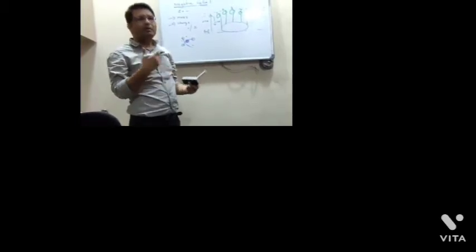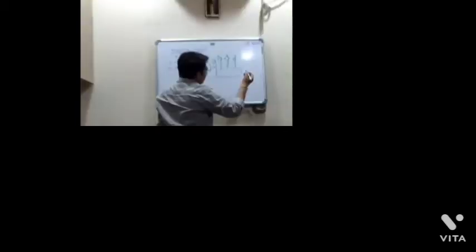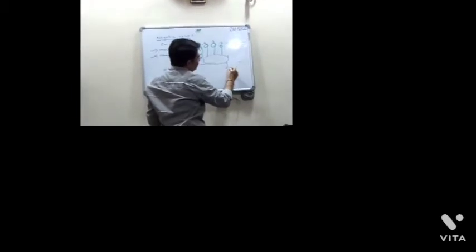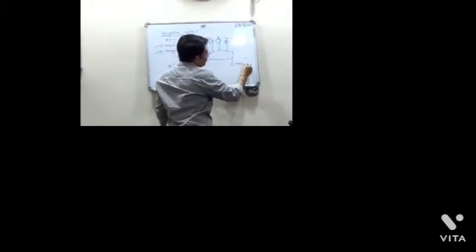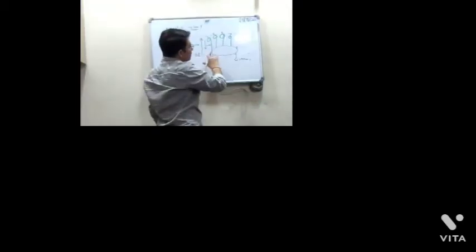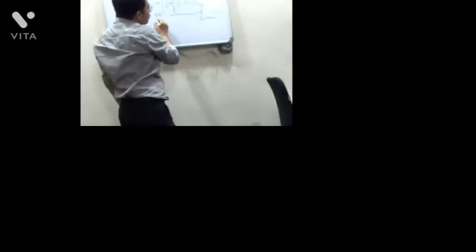Right? Now I'll do some extra thing. Now instead of bubble, let's say I'll connect some stones over here. Right? Now what will happen? Instead of moving up, it will move down, right?